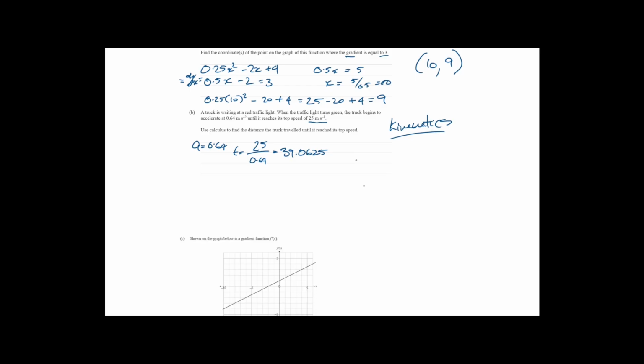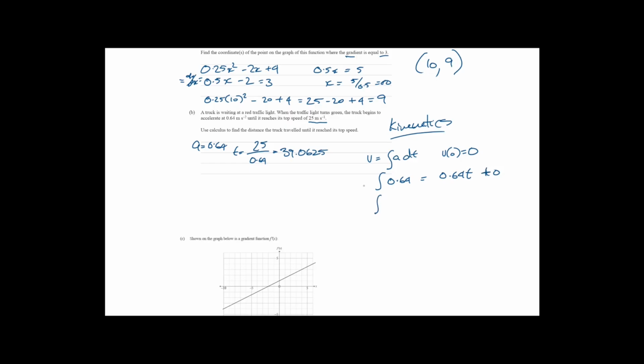Okay, and what do we do? So we know that velocity is what we get when we integrate the acceleration with respect to time. And we know that the initial velocity at time equals 0 is 0. So the constant term will be 0 at the end there. So when we integrate 0.64, because the acceleration is constant, we're going to get 0.64t plus 0, because 0 is our initial condition.